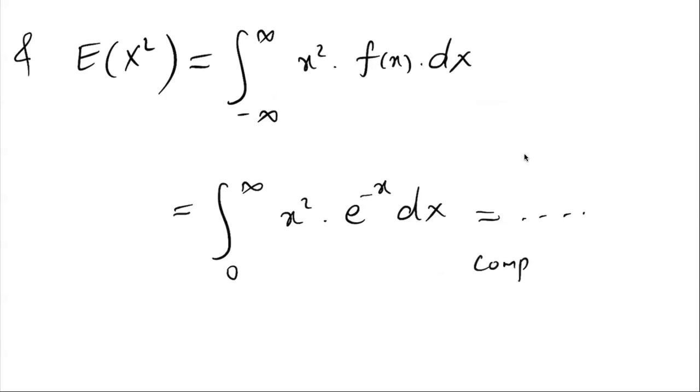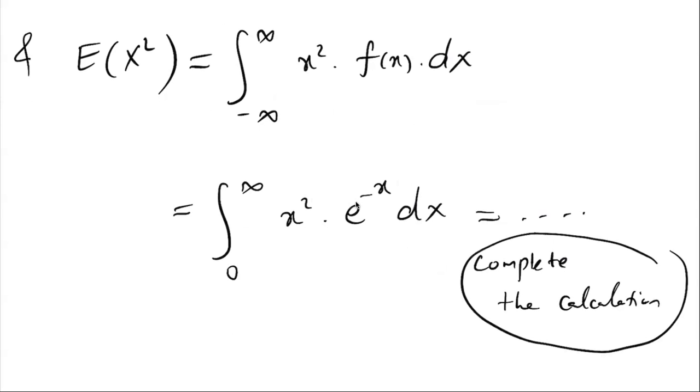Complete the calculation. Again, you need an antiderivative of this function, which can be found using integration by parts. But this time you have to apply integration by parts twice. In the previous case, we had x e to the minus x, so we applied integration by parts once and found the antiderivative.